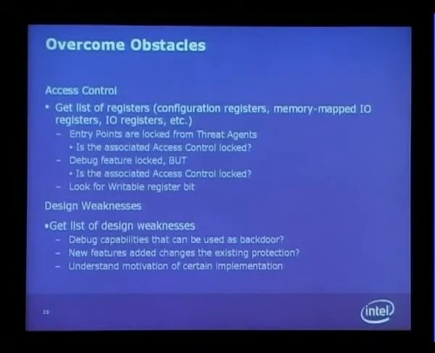Sometimes in doing this, they may sacrifice some security concerns. So if we know the motivation behind it, it helps us make a better penetration test. We also want to look at some debug capability, whether we can use it as a backdoor. Of course, they don't design it as a backdoor, but we want to see if we can utilize it.